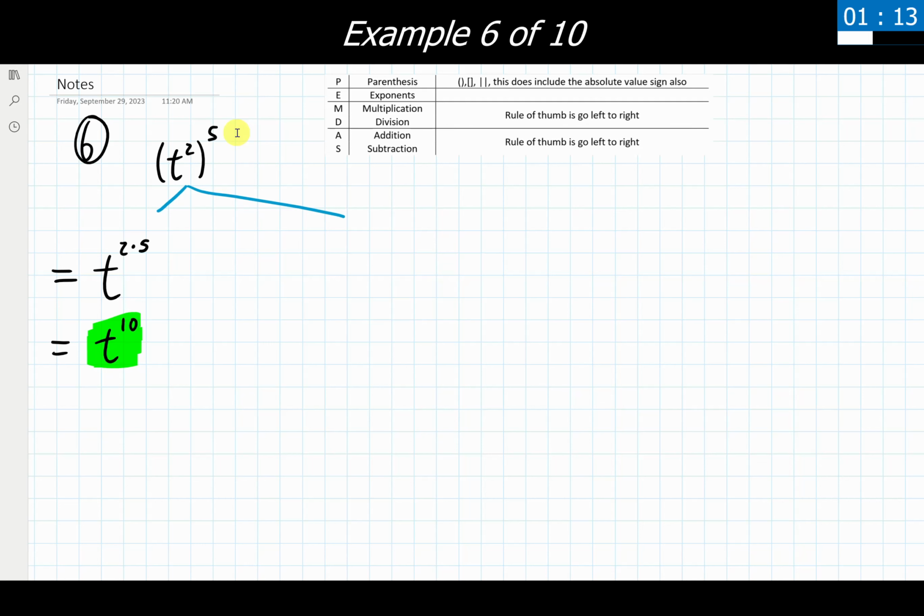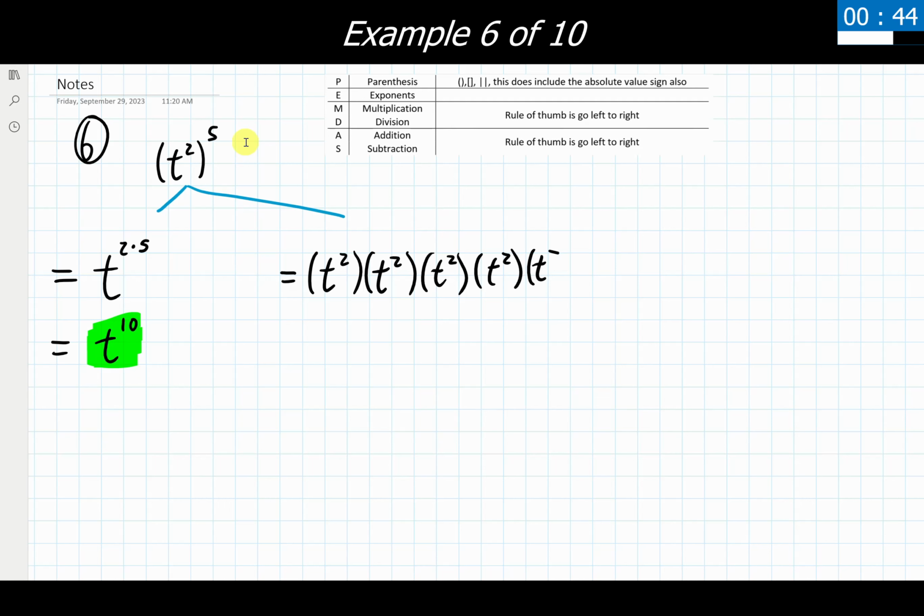Now, if you were to expand this, we're not going to fully expand it, but I at least want to show the parallel between the power rule and the product rule and how they relate to one another. I have t squared inside of a set of parentheses, and that whole set of parentheses is being raised to the 5th power, which means if I wanted to expand this, I would have t squared times itself 5 total times, like we're listing out here.